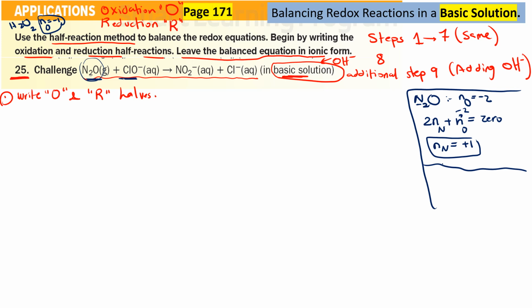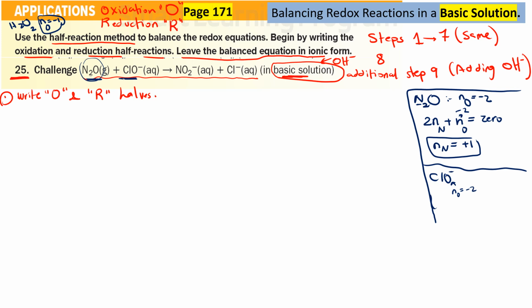Now let's look at ClO minus. Again, we know the oxidation number of oxygen is minus 2. We always know that the oxidation number of oxygen is equal to minus 2.